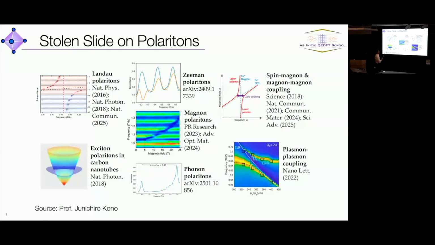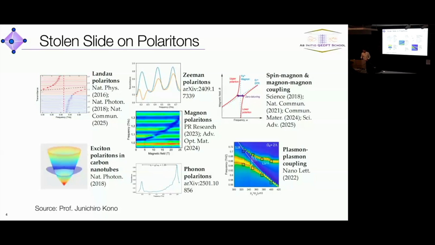In all cases, maybe it's a little bit less evident here, but you can see the formation of these polaritonic branches for different kinds of polaritons. So you can really couple a lot of things with light, which is nice because that means that if you couple strong enough, you can potentially change the properties of the material.